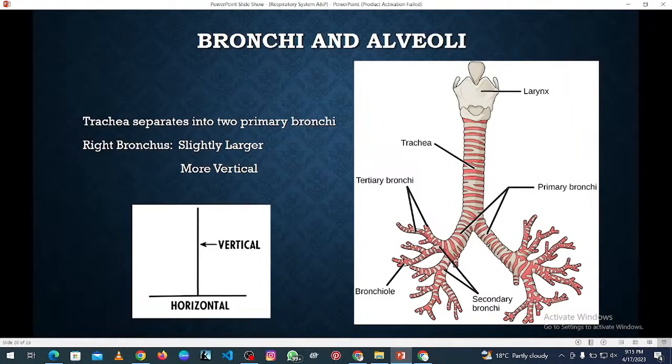So the very first division of the bronchi is called the primary bronchi, and when the primary bronchi branch, they normally branch into three secondary bronchi.